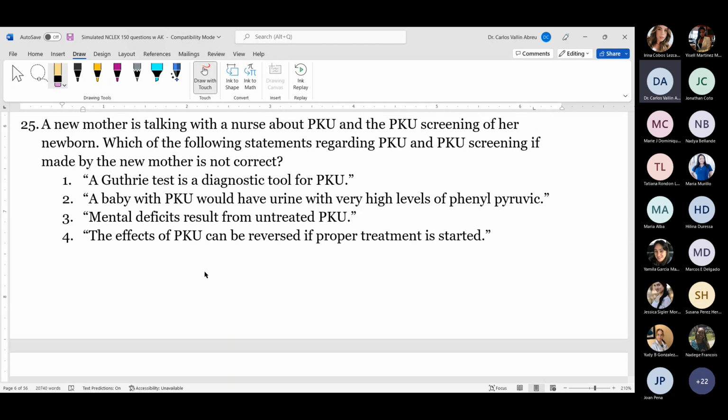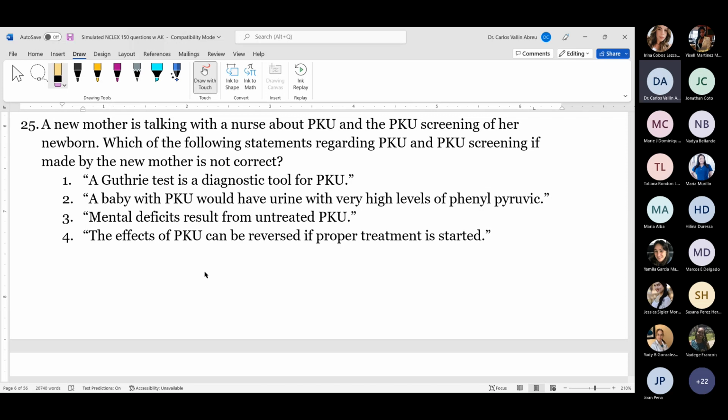Okay, this is not usually the question, but you need to have an idea what PKU is. So the mother is talking with a nurse about PKU and the PKU screening of her newborn.